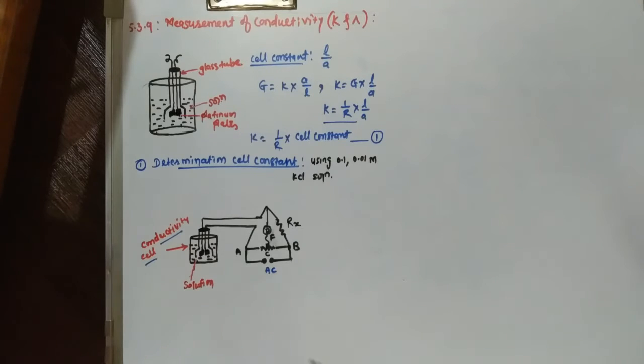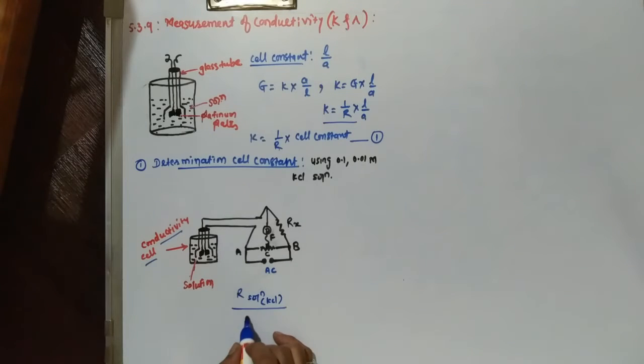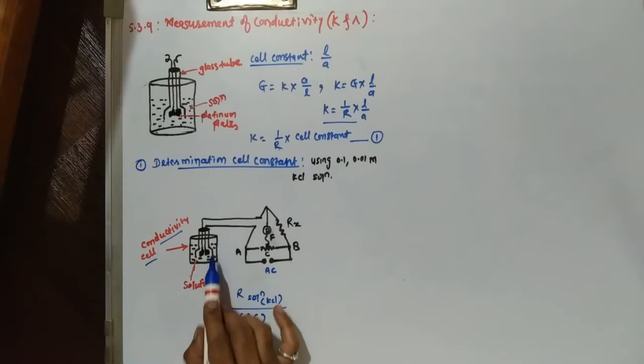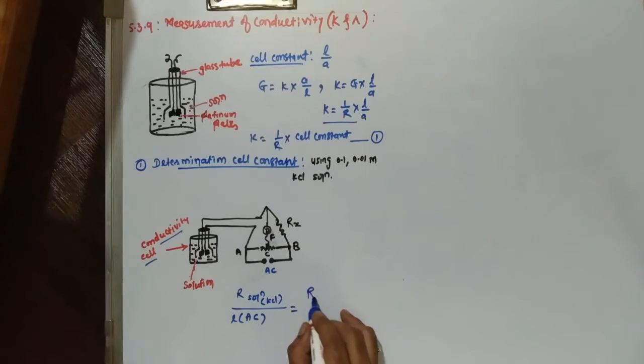Now when it shows the null deflection, according to the Wheatstone's bridge principle, we can write the equation: R of solution, here our solution is KCl, since we are determining the cell constant. R of solution divided by the length of AC, that is the resistance of the KCl solution divided by the length of AC, is equal to the known resistance Rx divided by the length of BC.